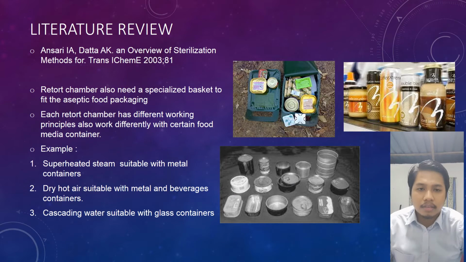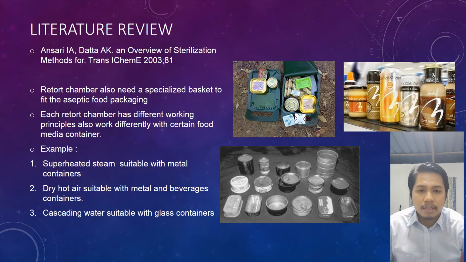For the next literature review is from Ansari IA, Data AK, an overview of sterilization method for Trans 2003. Retort chamber also needs a specialized basket to fit the aseptic food packaging. This basket is specialized in what of the food packaging are installed in. Each retort chamber has a different working principle, which also works differently with a certain food media container.